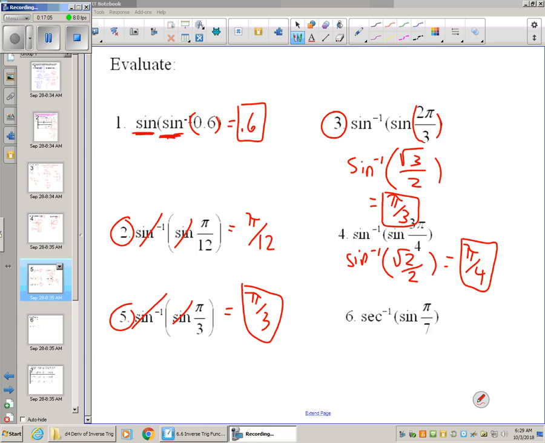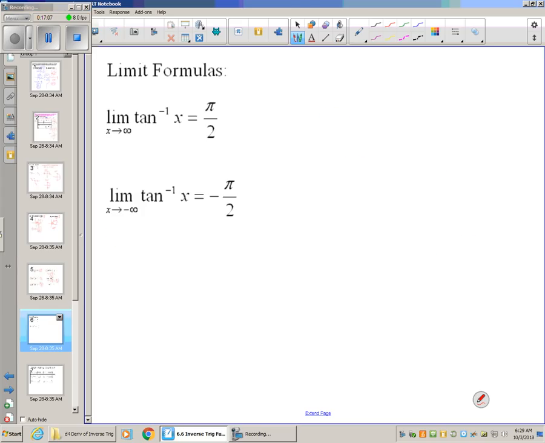Okay, let's go ahead and move on to the next slide. Here, this is just a review of some stuff you already know about the tan inverse and its limit to infinity and negative infinity. Just some more review to keep in mind as we go through some of these problems later on.